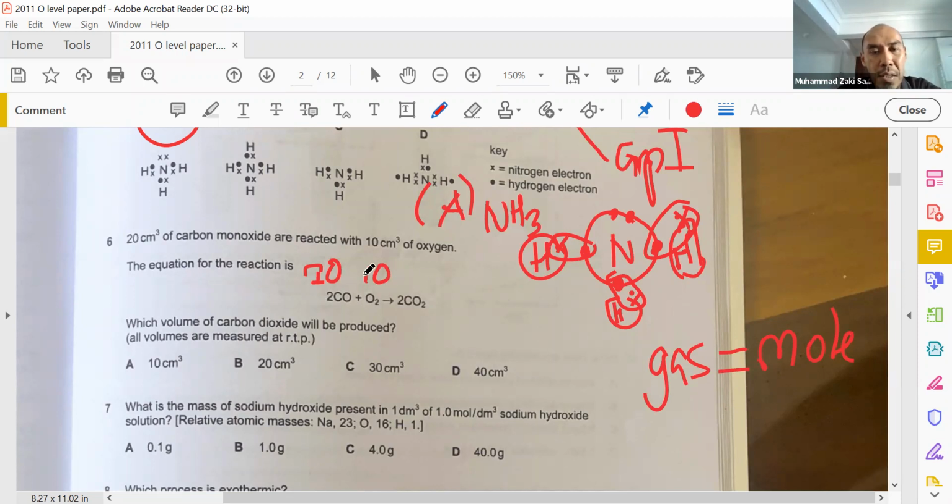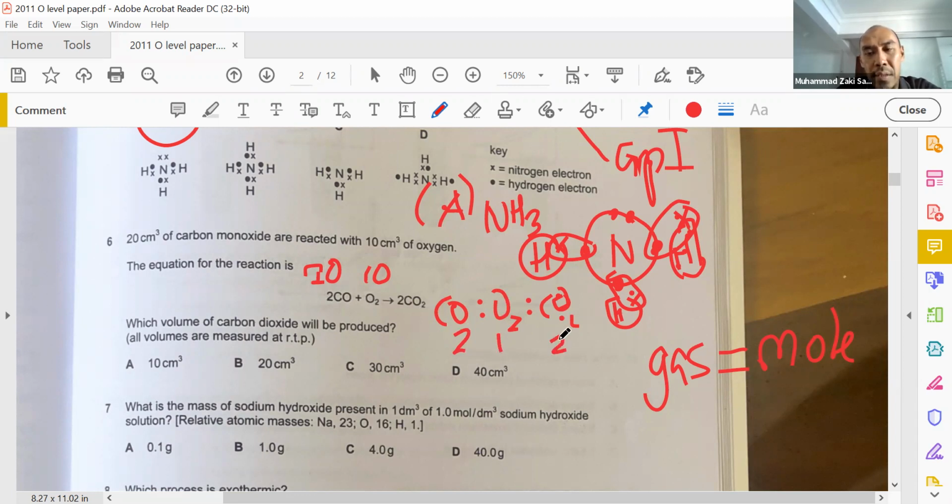Here you know the mole ratio of carbon monoxide to oxygen to carbon dioxide, right? From the equation, it's 2 is to 1 is to 2.